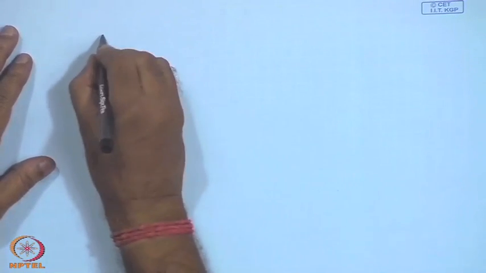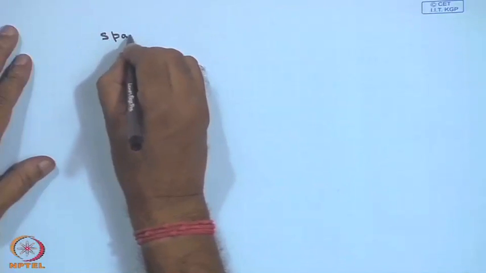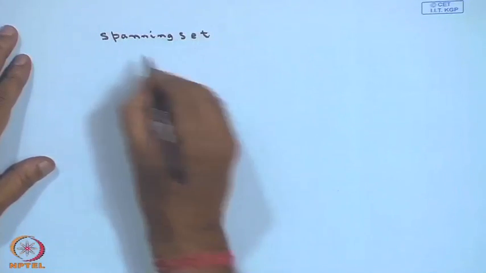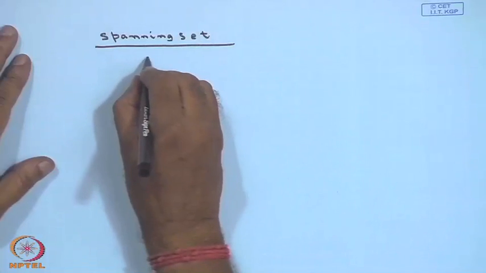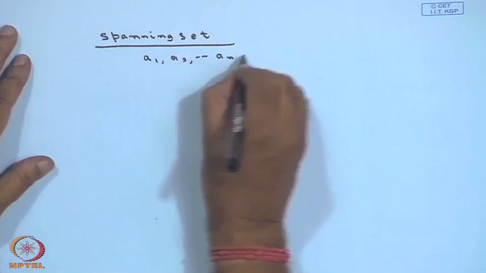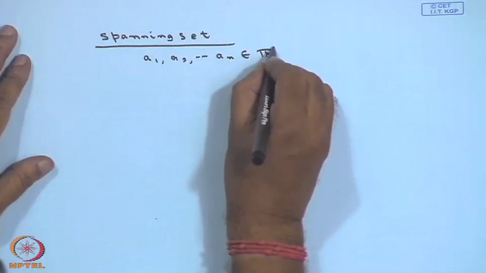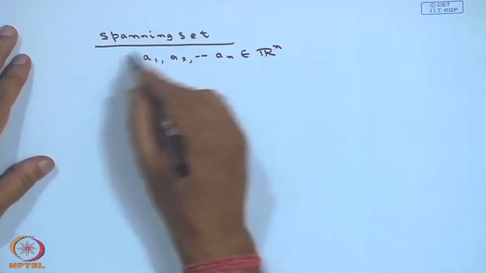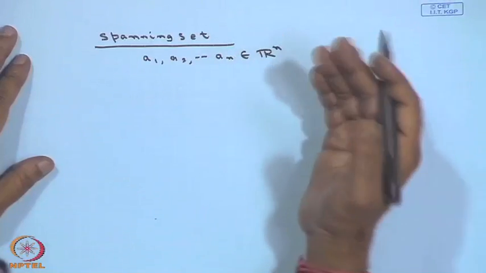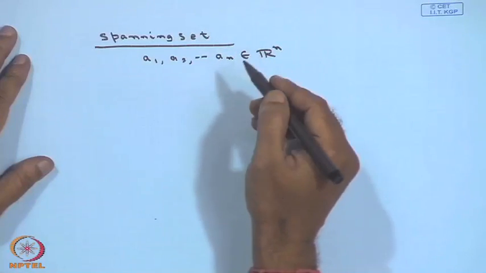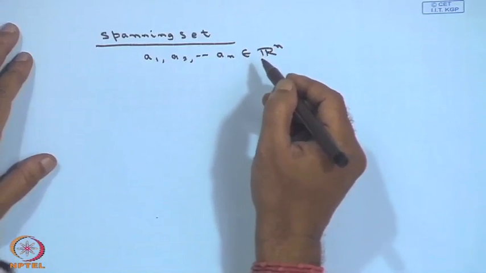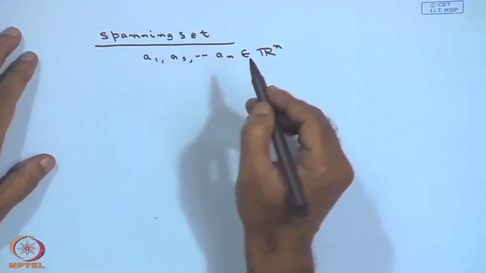Next comes the spanning set. Again, take a set of vectors a1, a2, ..., an which belongs to Rn. A set of vectors a1, a2, ..., an is said to span or generate Rn if every vector of Rn can be written as a linear combination of a1, a2, ..., an.